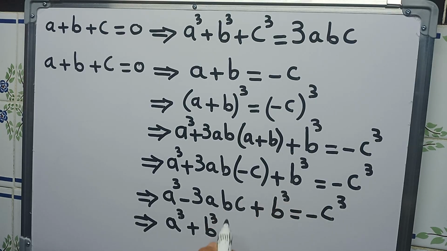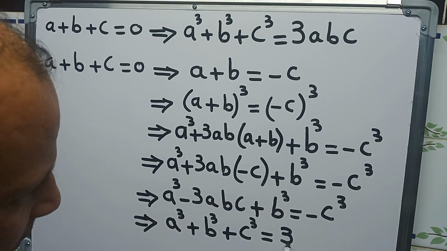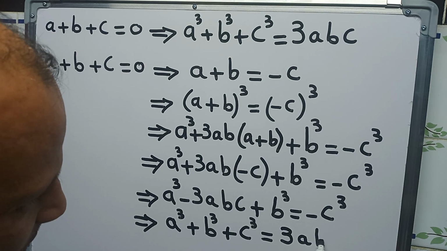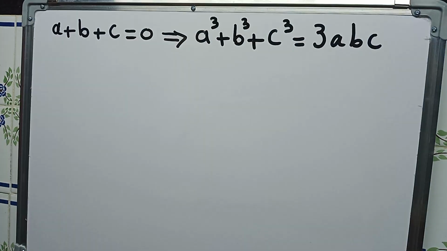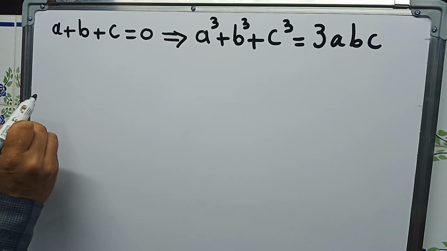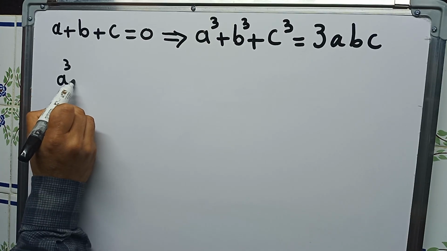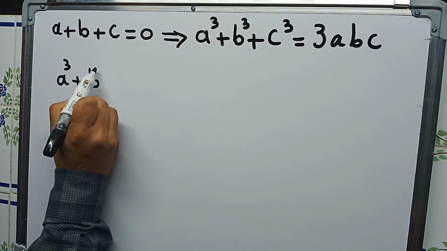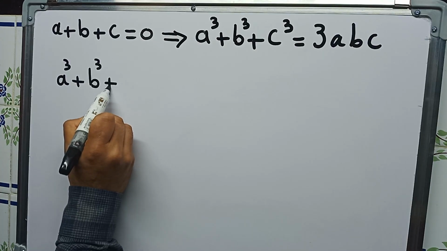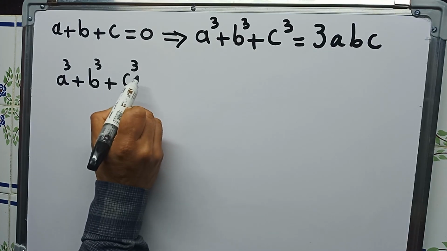Here we bring minus c cubed here, it becomes plus c cubed is equal to, and we take minus 3abc to the other side, 3abc.